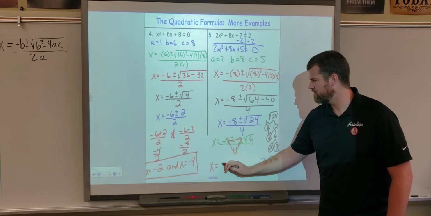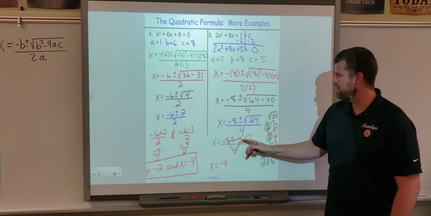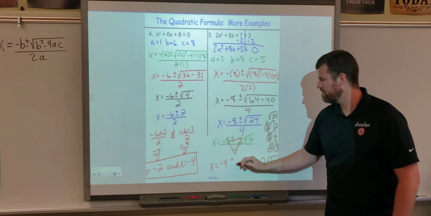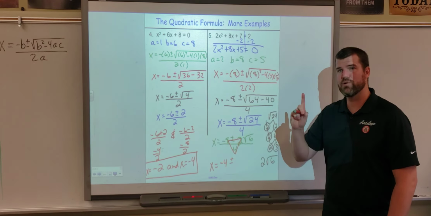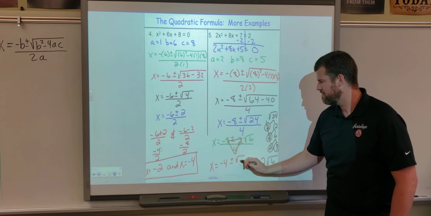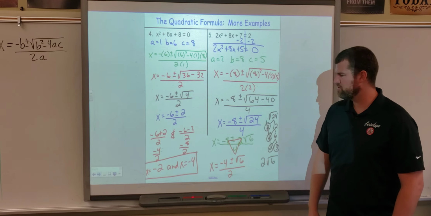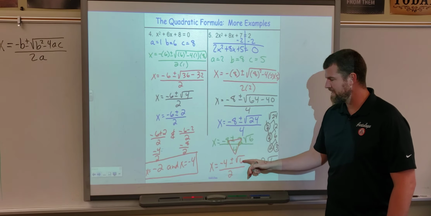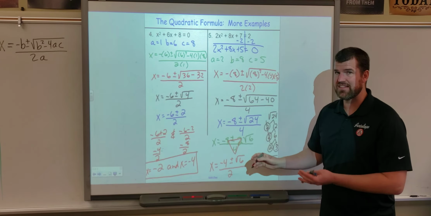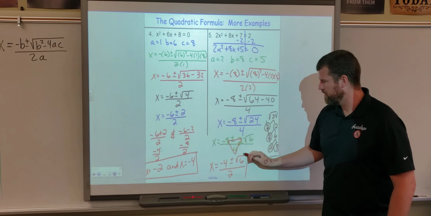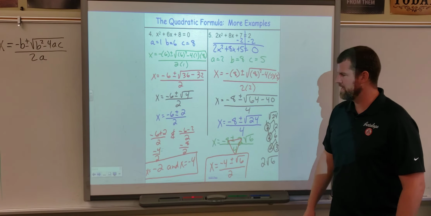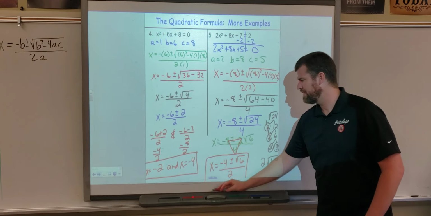So negative 8 turns into negative 4. 2 turns into 1. So we have not 2 square root 6, but 1 square root of 6. And then my 4, when I divide that by 2, is 2. Again, we can't divide the square root of 6 because it's not actually 6, it's square root of 6. And we are done. Beautiful.